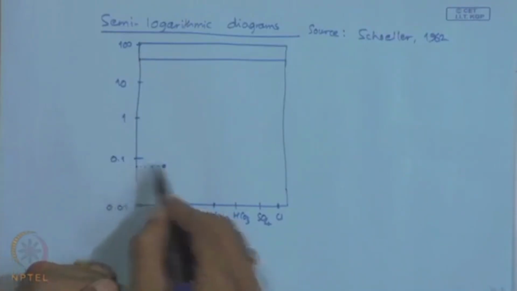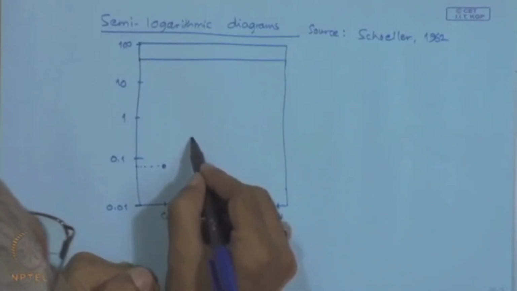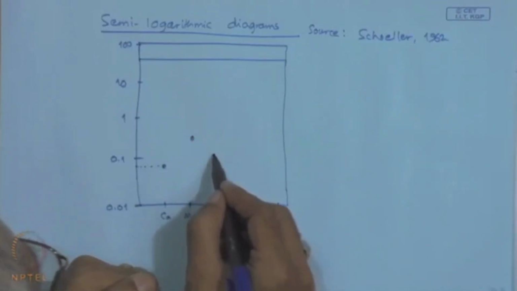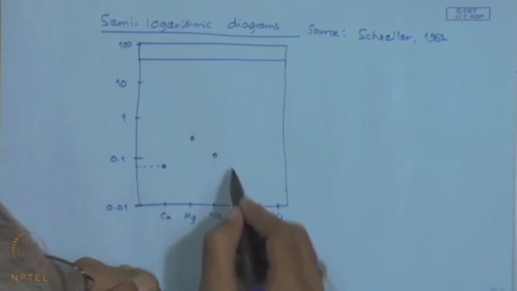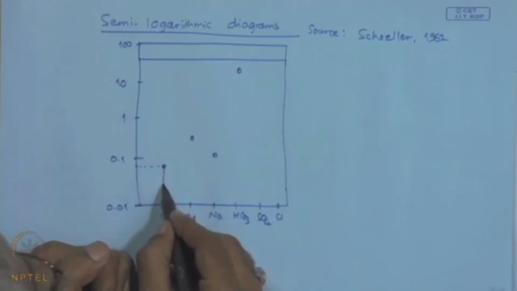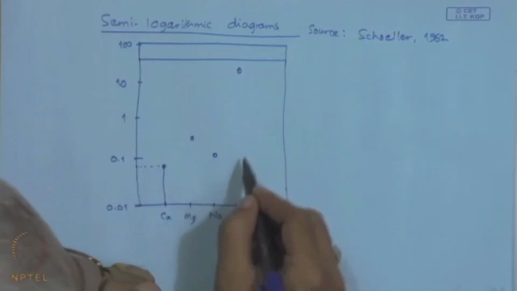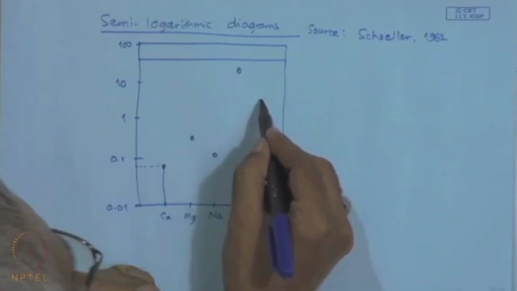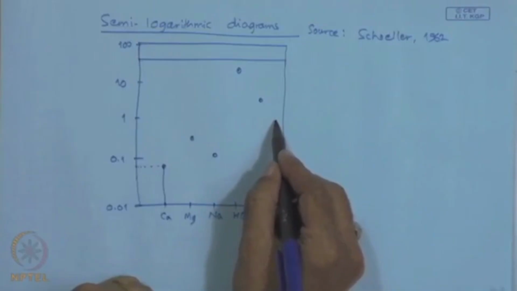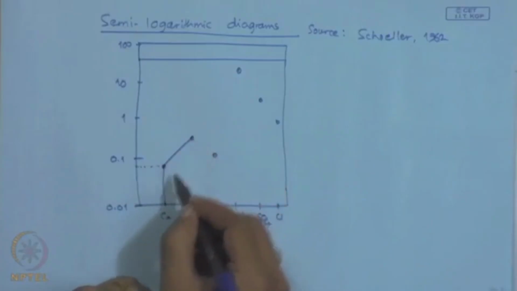This ordinate indicates the calcium ion concentration, this one a magnesium ion concentration, this one a sodium ion concentration, then the HCO3 ion concentration, this point the sulfate ion concentration, and this point the chloride ion concentration, and all these are joined.